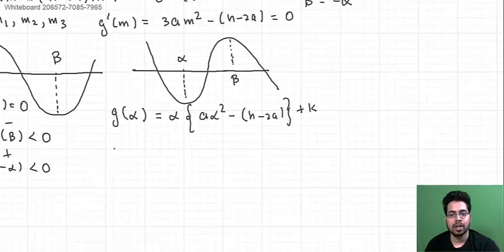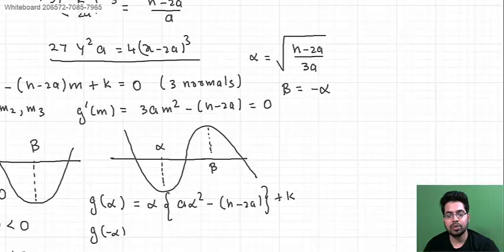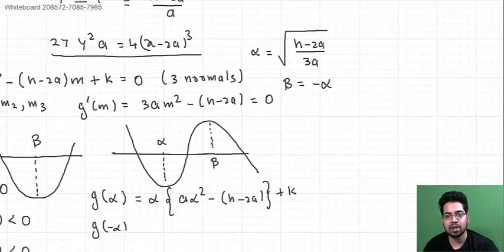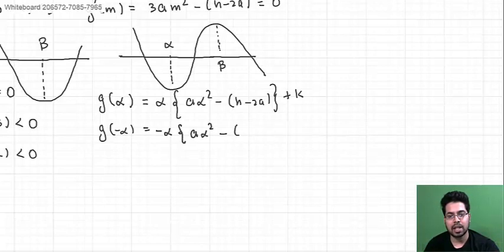Okay. Now my g of minus alpha. Actually, one more thing that I need to explain is that here we are going to get two different values of alpha. One is root under h minus 2a by 3a, and the other would be negative of this. So obviously, what I have assumed as beta, beta is negative of alpha. Now g of minus alpha is going to be minus alpha a alpha square minus h minus 2a plus k.